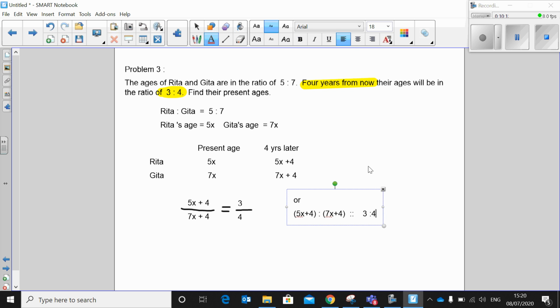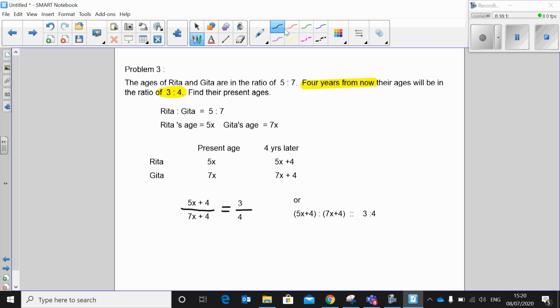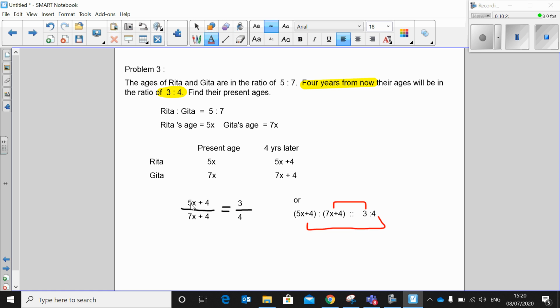Then the product of extremes is equal to the product of the means. That way also we can do. But I am following this method: 5x plus 4 divided by 7x plus 4 is equal to 3 by 4. That means we are writing the ratio in the form of fractions. Okay, so now let us do the cross multiplication.